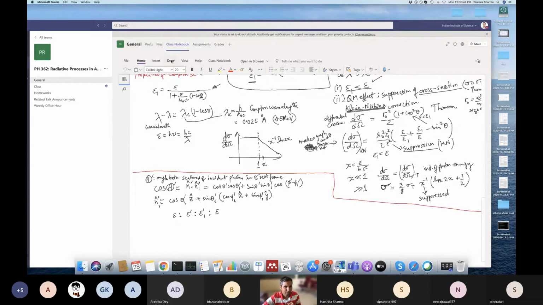So the ratio of these energies is roughly 1 is to gamma is to gamma squared, right? Because when you go from the lab frame to the electron rest frame, you get a factor of gamma from this Doppler boost formula, and epsilon prime and epsilon 1 prime are almost the same because you're in the Thomson scattering limit.